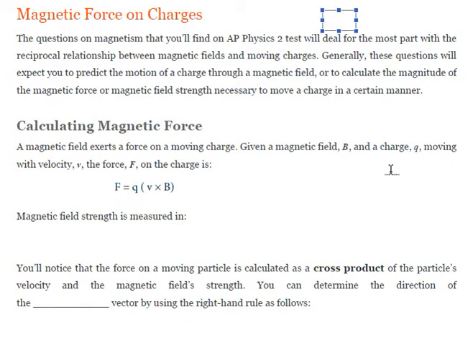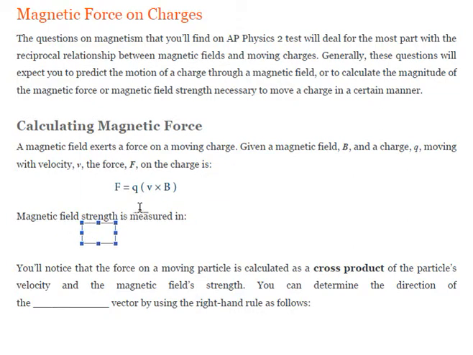Since AP Physics 2 is just an algebra-based class, you won't have to worry too much about cross products. If there's ever an angle, we'll look at that case in a little bit. So you won't have to worry about actually being able to figure out what a cross product is. That would be later on if you plan on taking some higher up math or science courses.